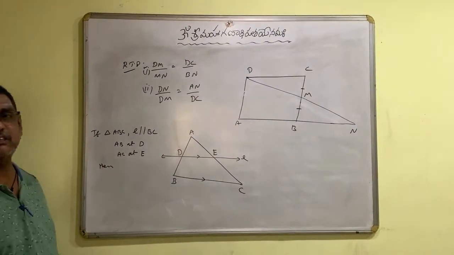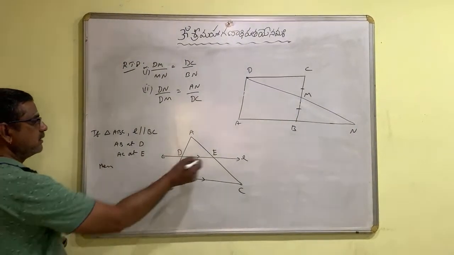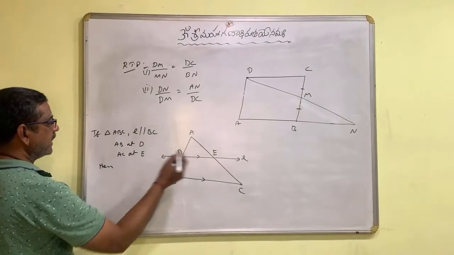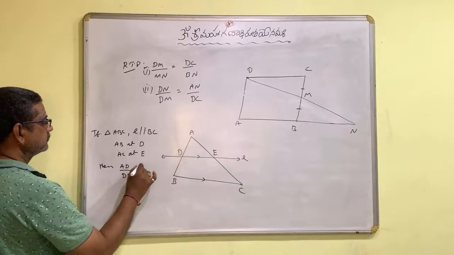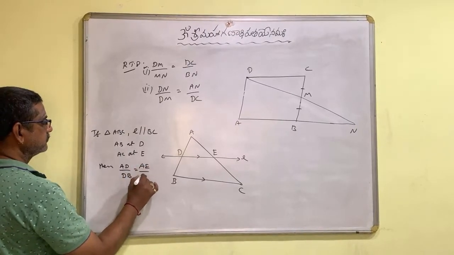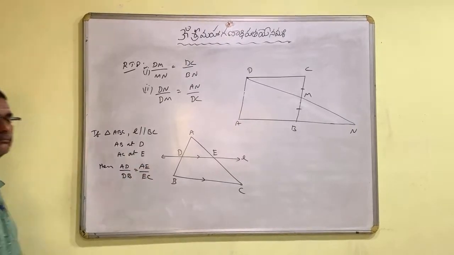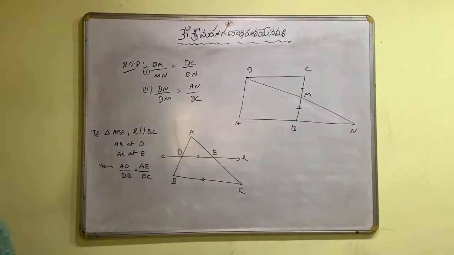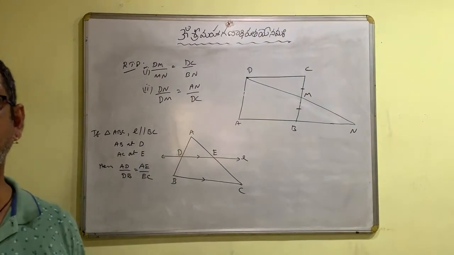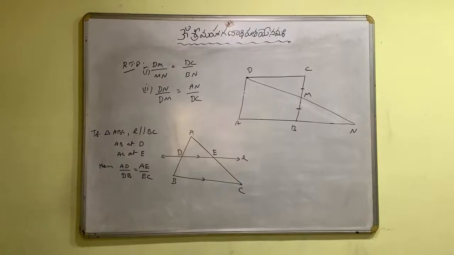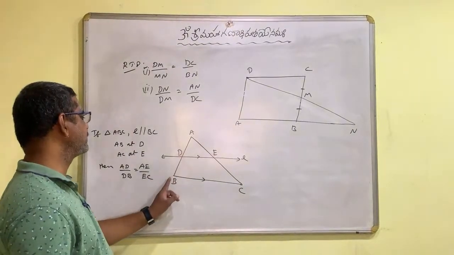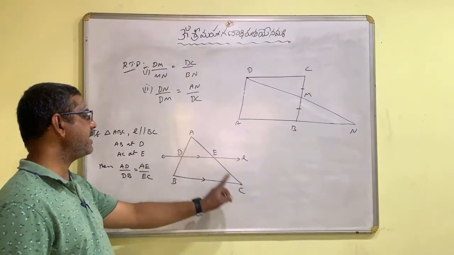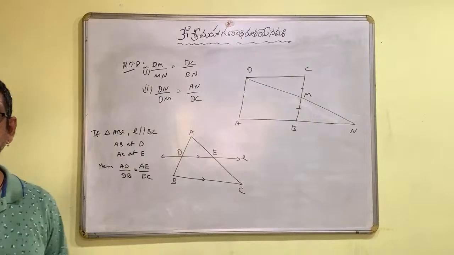If the condition is satisfied, then the line divides the other two sides in the same ratio. This is what basic proportionality theorem says. AD by DB is equal to AE by EC.